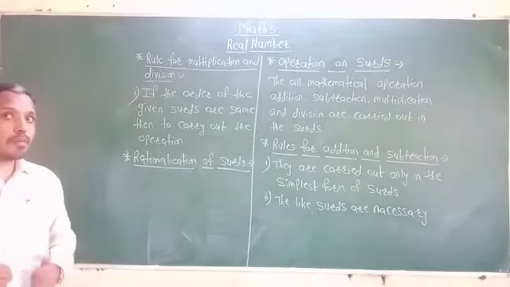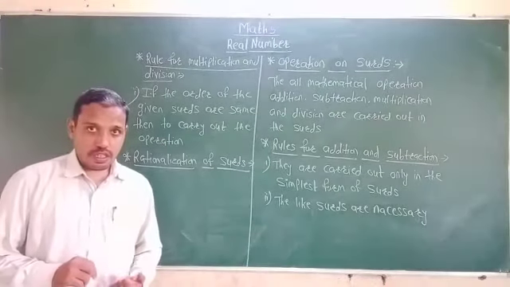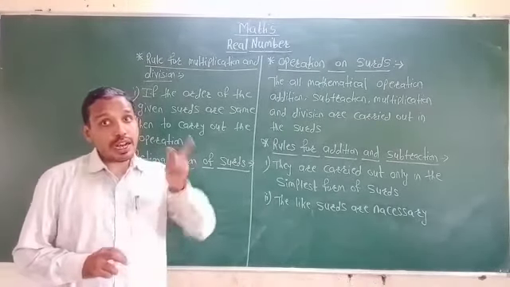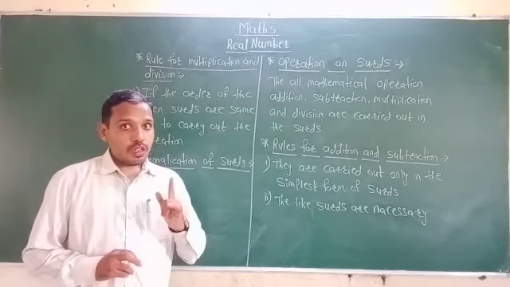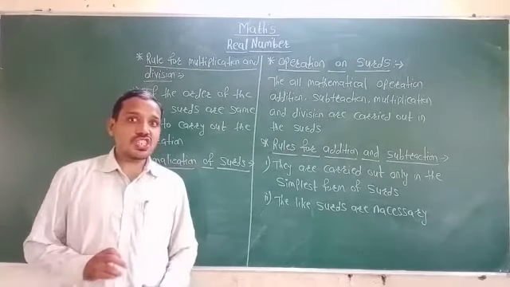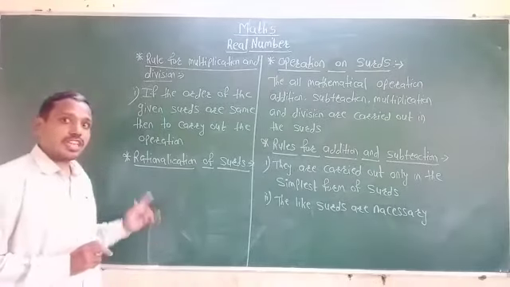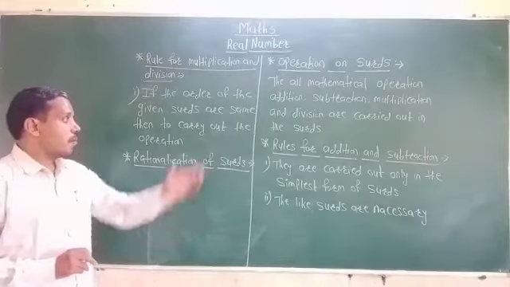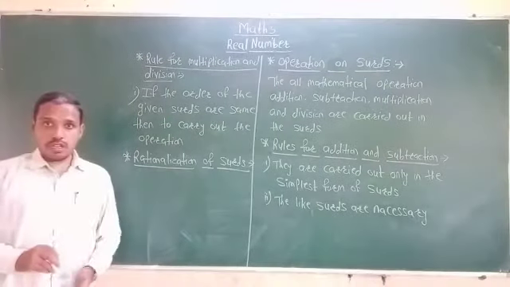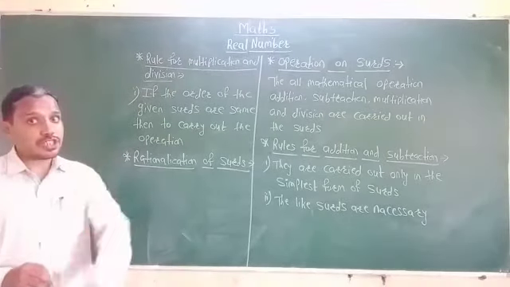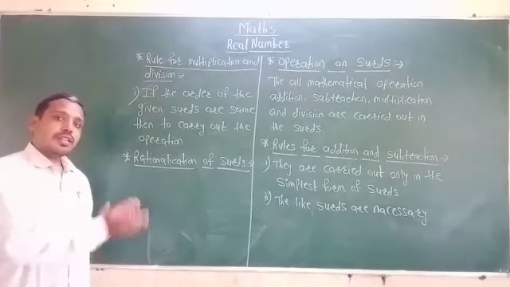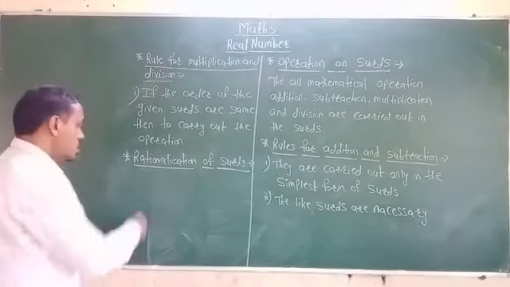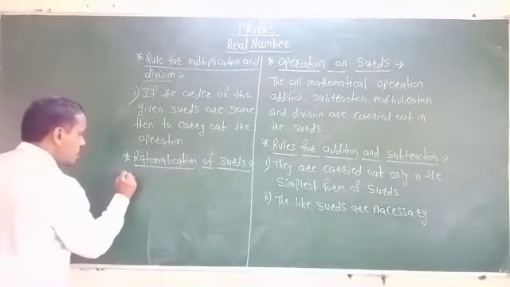If the product of two surds is a rational number, then each surd is called the rationalizing factor of the other. That means if we get the product, and the answer is a rational number, then those two surds are called rationalizing factors of each other, and that is why rationalization of surds exists.